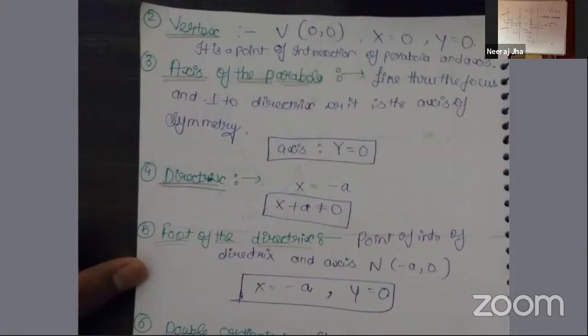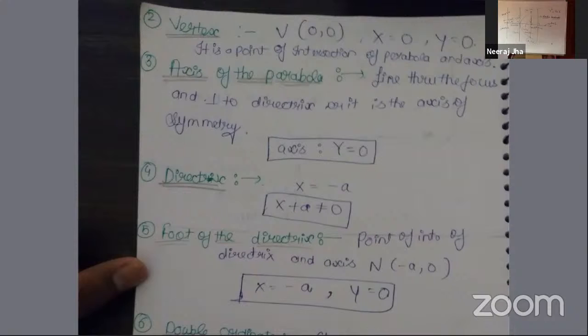A line about which the parabola is symmetric, and we can also say the line is passing through the focus and perpendicular to directrix. Remember, these small little definitions will help you a lot. Line through the focus and perpendicular to directrix, okay, is the axis of the symmetry, or is the axis of the parabola.